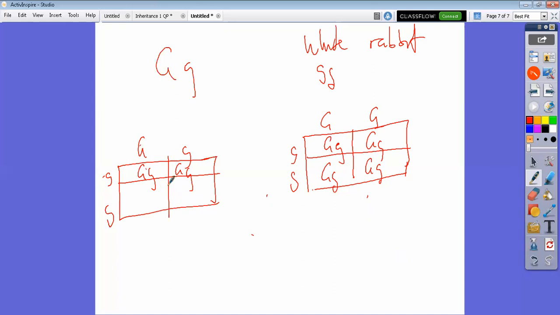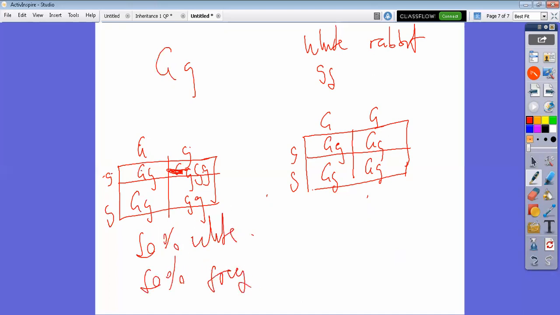This and that, then this and that, gg. So it's 50% what? White. 50% gray. I hope it's making sense.